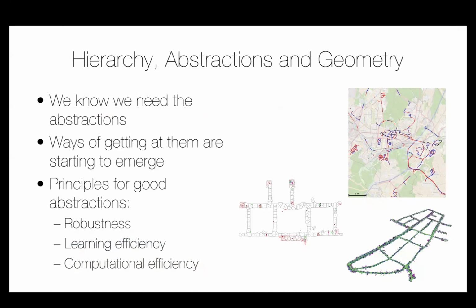We have the ability to detect landmarks and objects in the world for the purposes of accepting missions from humans, and for using those landmarks in the environment. But those abstractions have to give us robustness. They have to be robust to loss of observability. We have to be able to use them for efficient planning in order to get computational efficiency in executing the plans over long length and timescales.